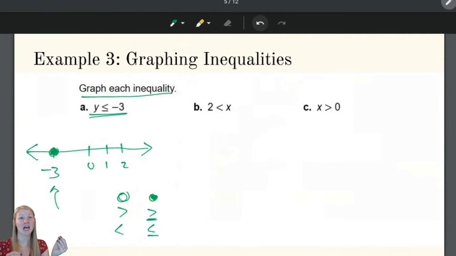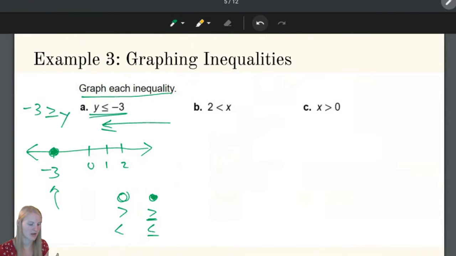So if it's less than, which direction should this arrow point in? Now I don't want you to get caught in, oh, it says less than or equal to, that means the arrow points that way. Don't think of it like that. Because what if I wrote -3 is greater than y? These are the same thing, but which way does your arrow point?